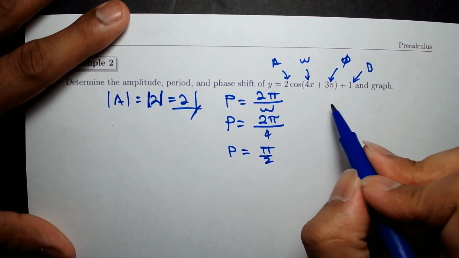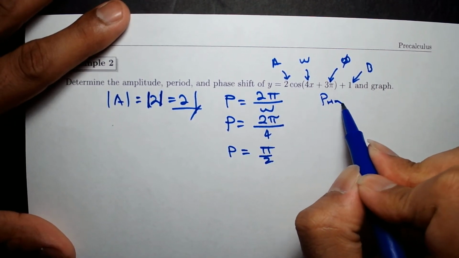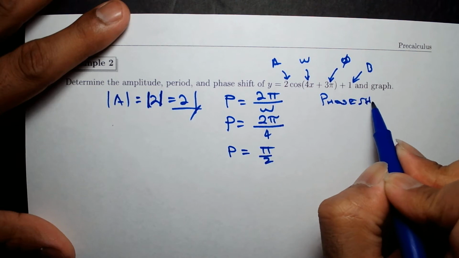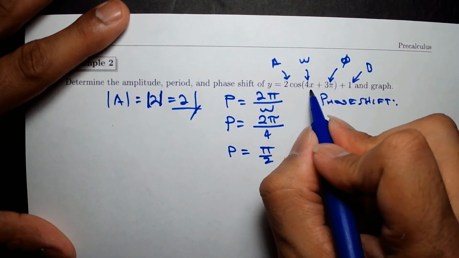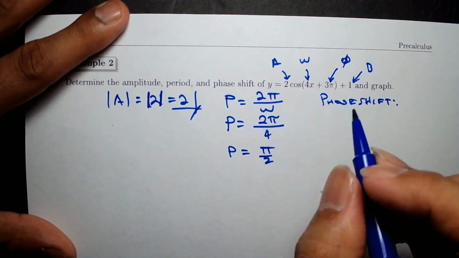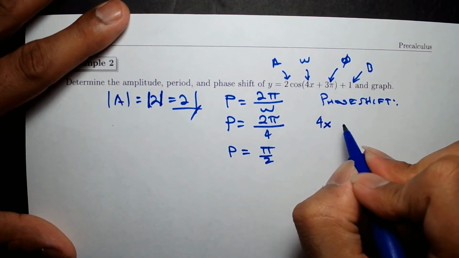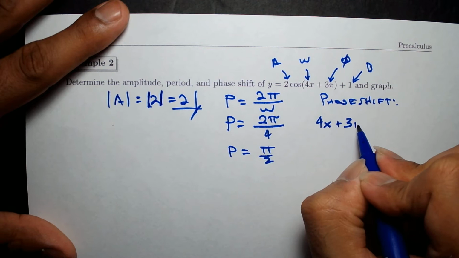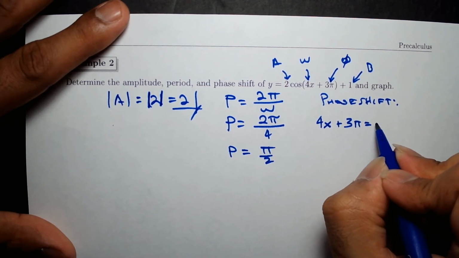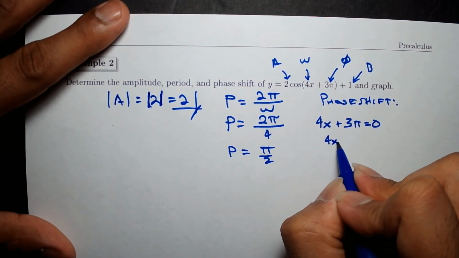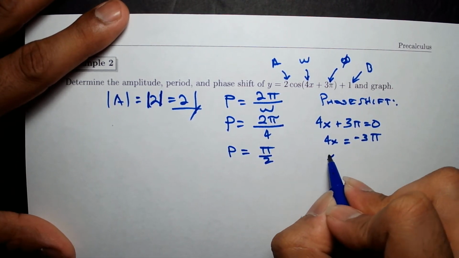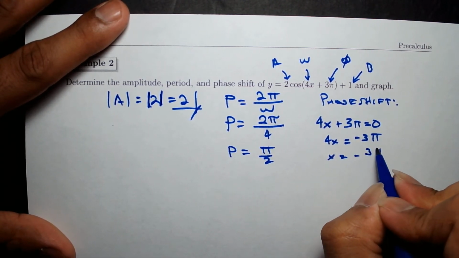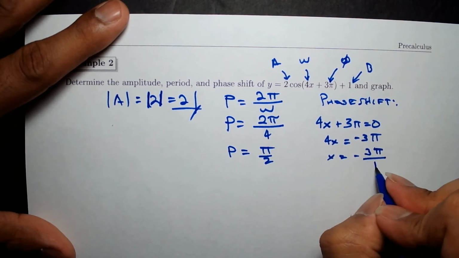And then, in this case, the phase shift. Well, I prefer to set the argument, or the angle, if you will, which is 4x plus 3 pi, equal to 0. So that's 4x equals -3 pi, and x equals -3 pi over 4.